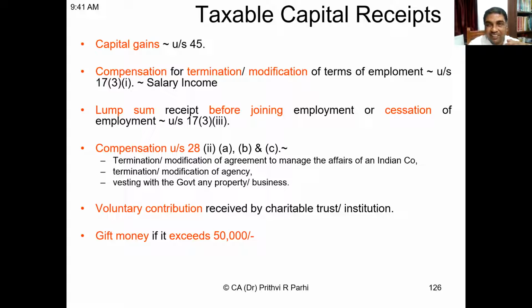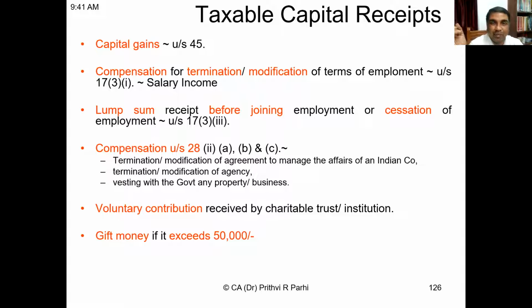Technically, it seems it is a capital receipt because this money is received for sacrificing a source of income. Is it not? It is not generated from the source, but it is from sacrificing a source. Yes or no? So technically, if you analyze, this is a capital receipt.